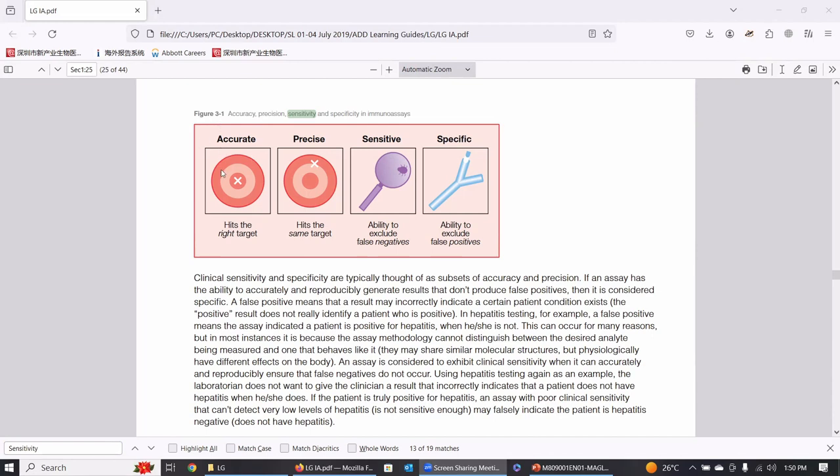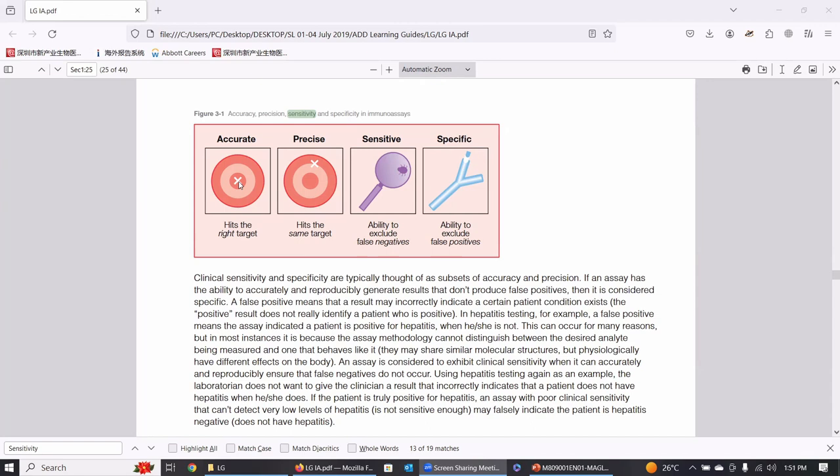If we talk about accuracy, accuracy means hitting the right target. For example, if a patient's glucose level is 145, and when you run it on your analyzer it gives the result 143, it means your results are accurate.